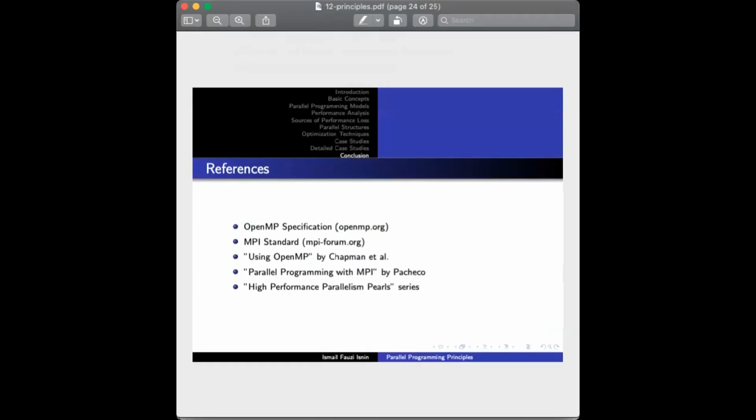And for textbook reading, please consult Using OpenMP by Chapman, Parallel Programming with MPI by Pacheco, and the High Performance Parallelism Pearls series for advanced case studies. All right.